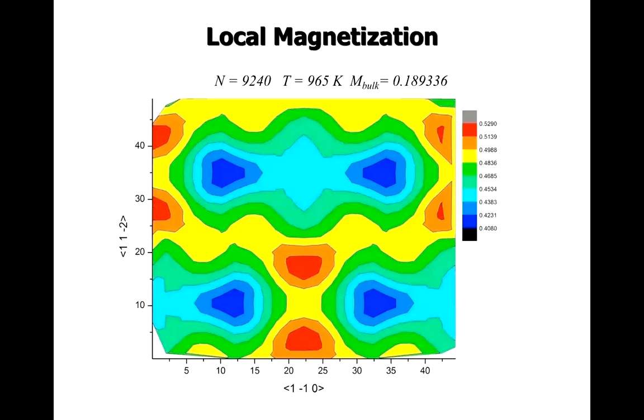And there you see now that where the magnetic moment originally was enhanced near the dislocation cores, it is now considerably suppressed compared to the bulk value. So the dislocation cores are located at these blue spots.